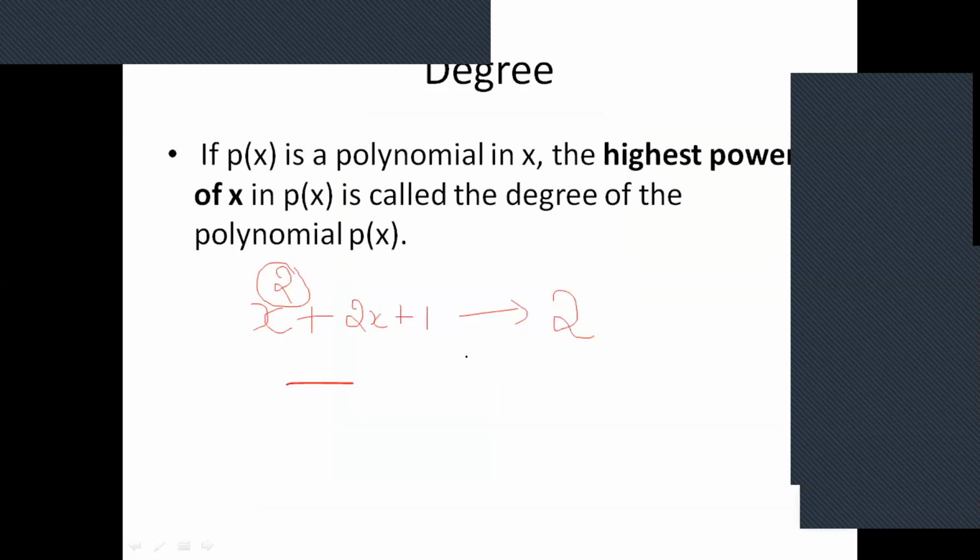This is about the degree. So remember, it is the highest power of the variable. It is not the highest power of anything else. So you have to remember this. This is about the polynomial's degree.